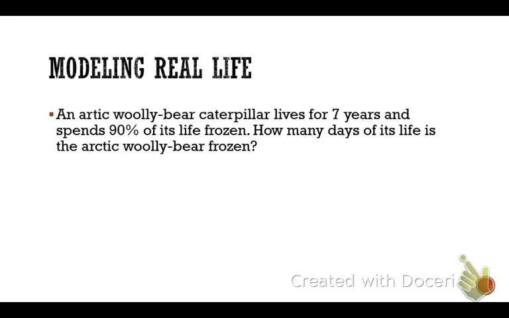So in this problem, let's write our original proportion, A over W equals P over 100. Where does 90 go? For A, W, or P? It goes for P. 90 over 100.